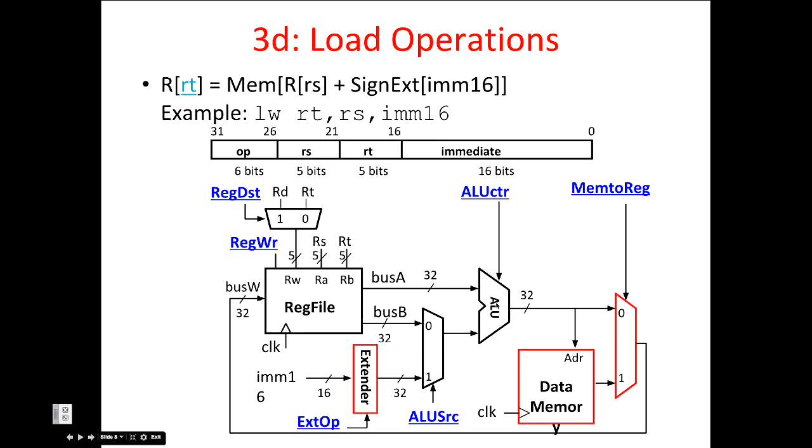So we're adding together the sign extended immediate and the value stored in that base register, giving us the final address from which we're going to load. Once we load, now we have to choose between the loaded value or the address. And of course, we want to store the loaded value, right? That was the whole point of this instruction, to get some value from memory and put it into a register. So that's what we do here.